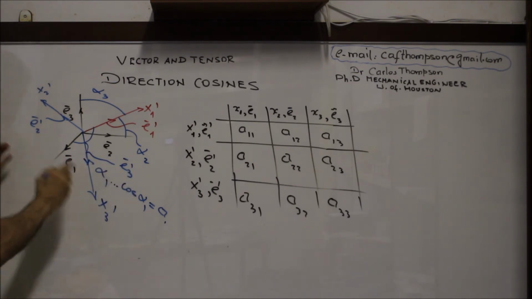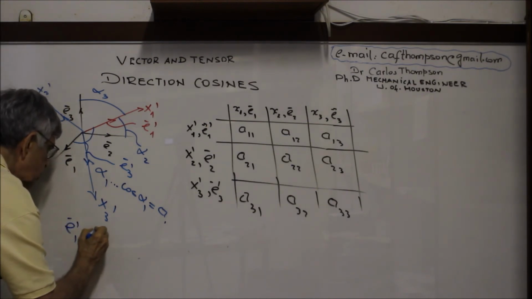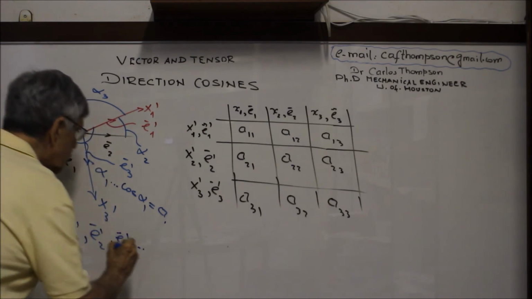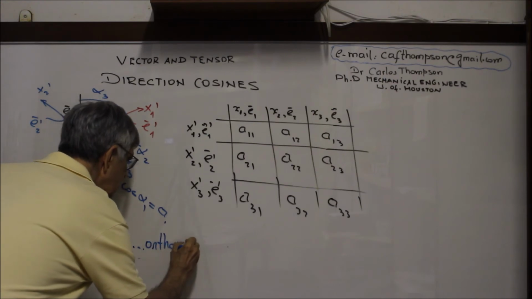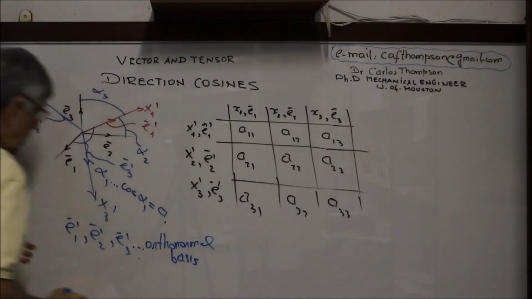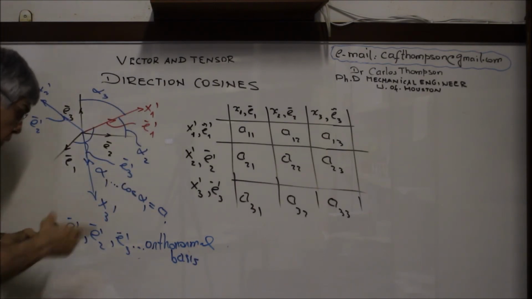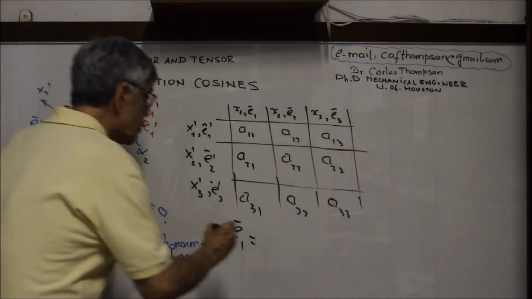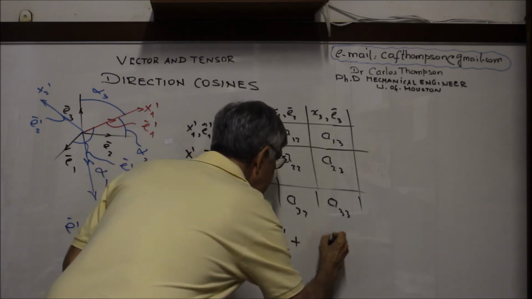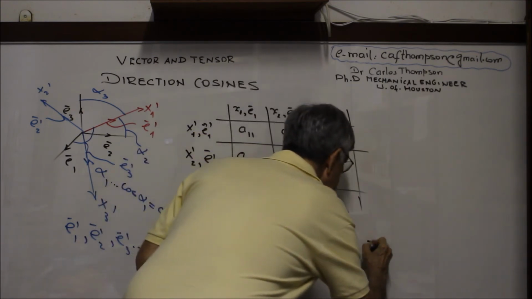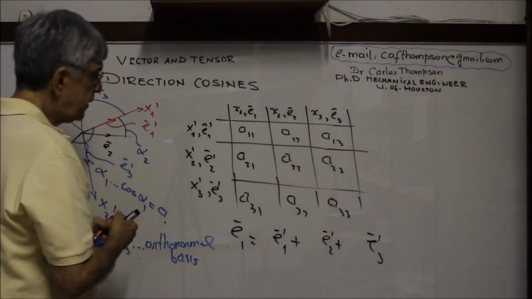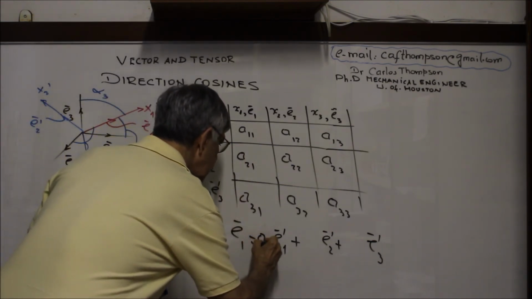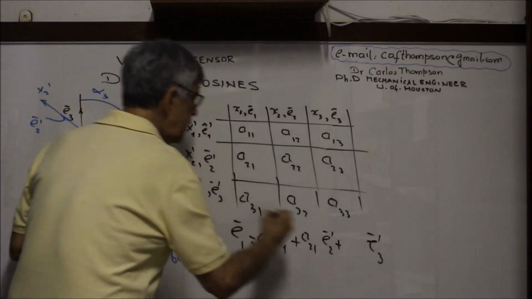So again, E1 prime, E2 prime, E3 prime represent a standard basis also, so it's an orthonormal basis. You see, this is an orthonormal basis. We could write E1 as a linear combination of E prime 1 plus E prime 2 plus E prime 3, and we can see here that you just use A11, here A21, and here A31.